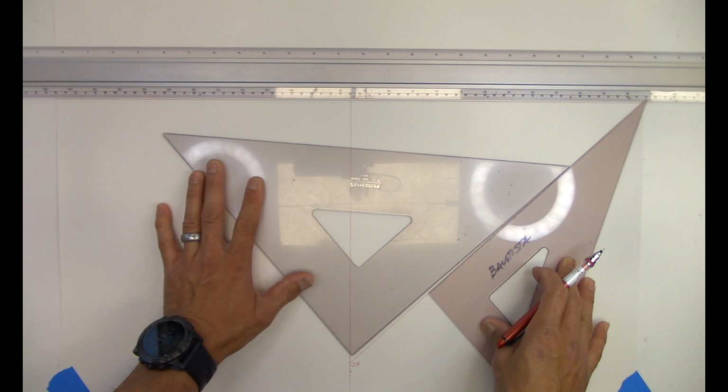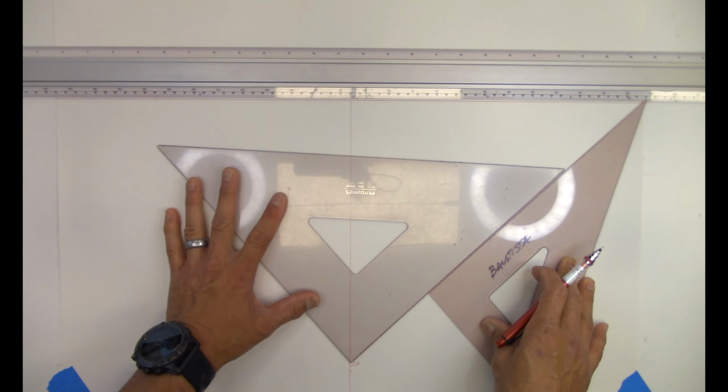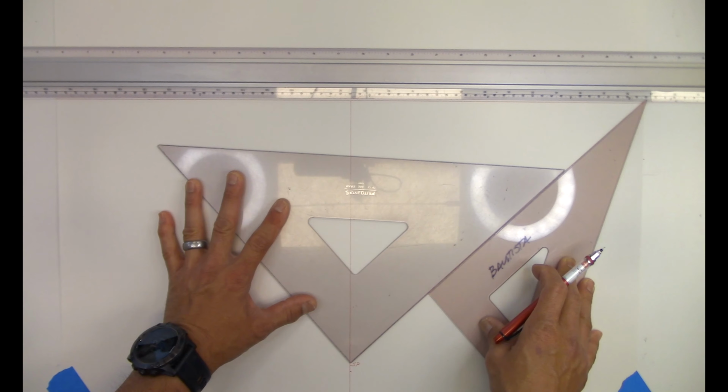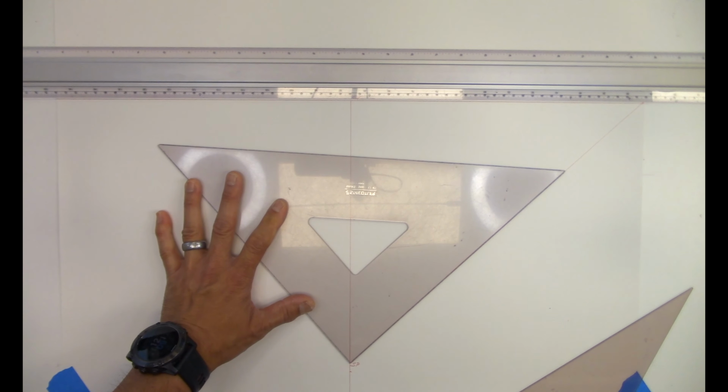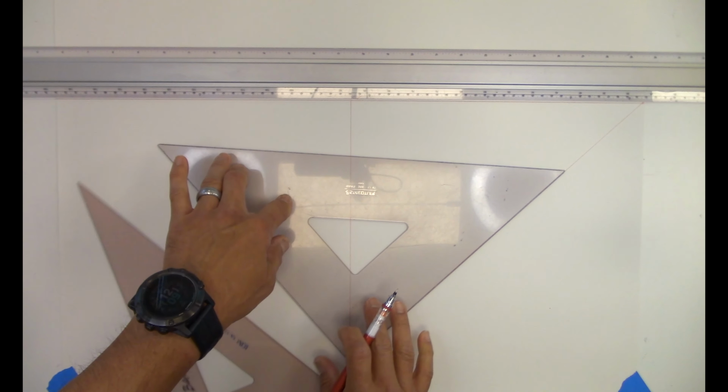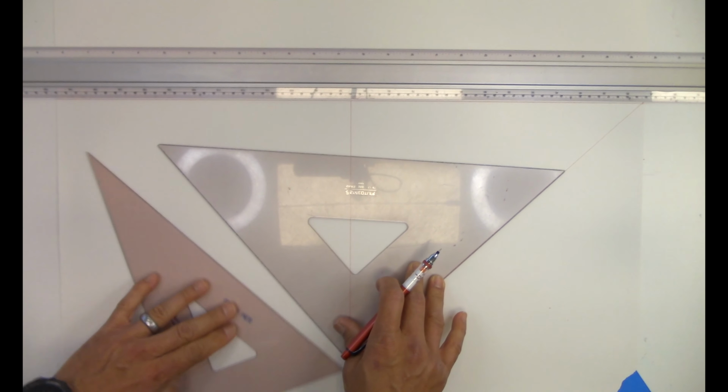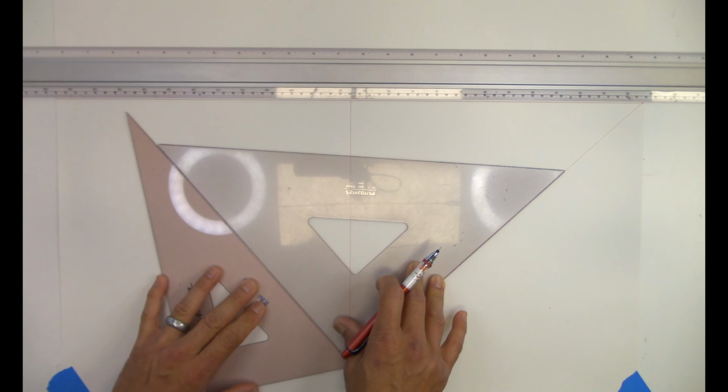I will hold this here. I'll place this 90-degree angle right here at the station point again. And then I'll go on this side and I'll draw my line going all the way up to my left vanishing point.